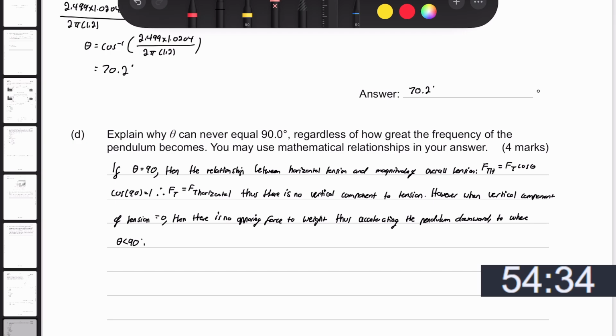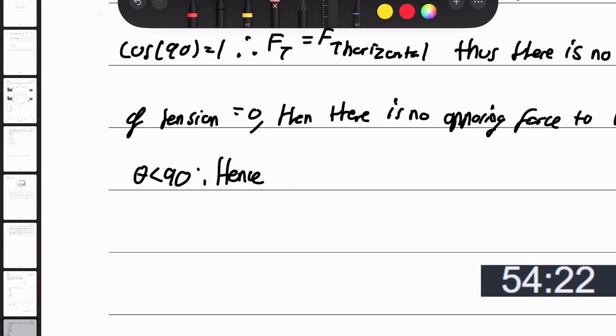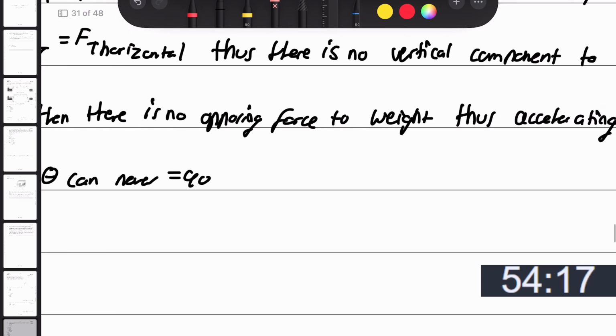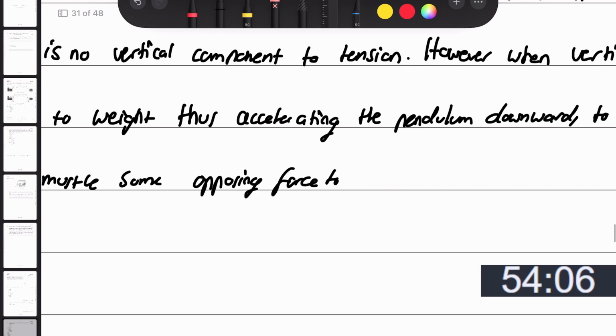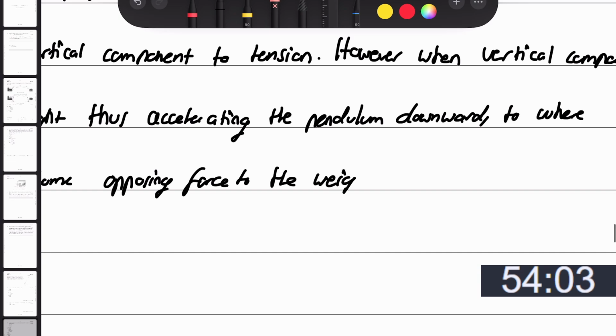There's no opposing force to weight. Thus, hence, theta can never equal 90, as there must be some opposing force to the weight of the pendulum. Opposing force from the tension.